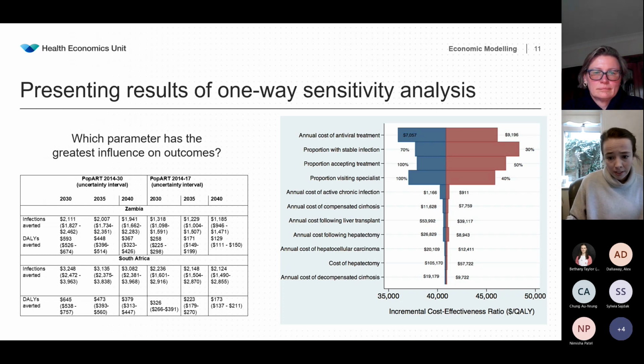The middle line represents the ICER estimate using the base case values of each of the parameters. So this line here is the ICER for your base, and then the deviation above and below the line is the relative effect of changing the parameter within set values.